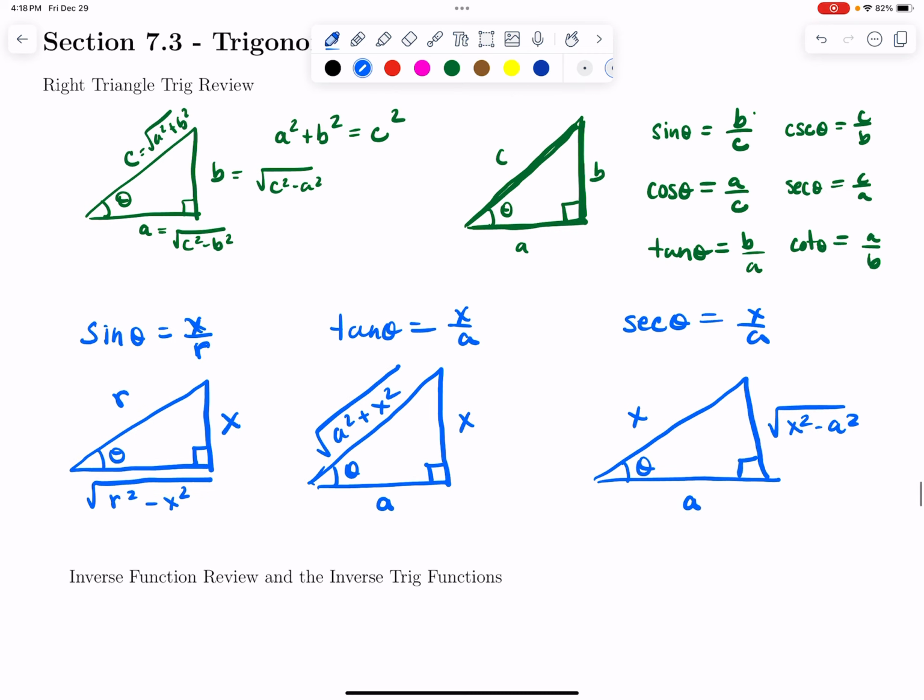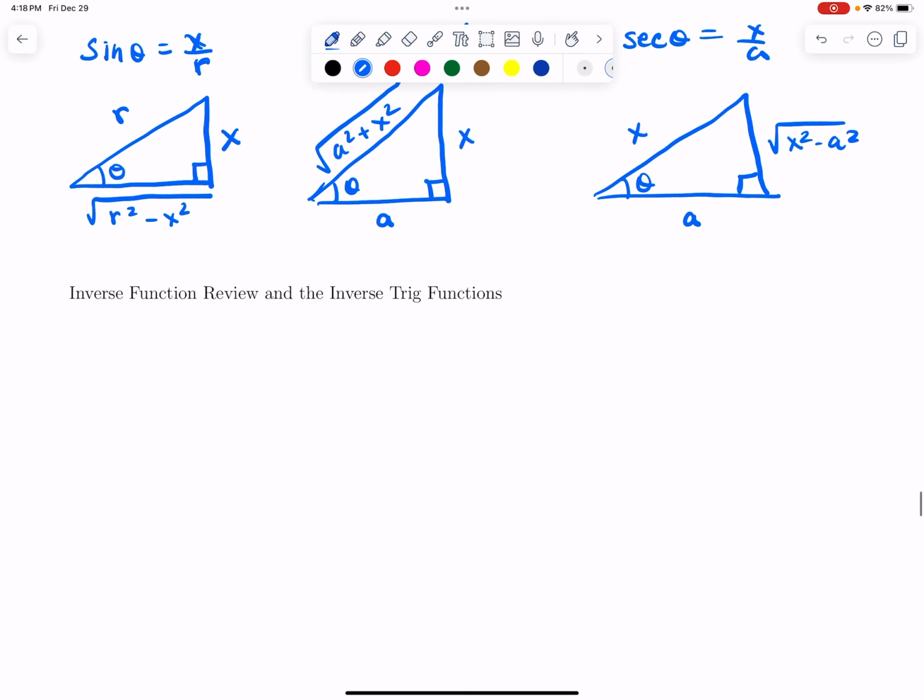All right, another review that we want to talk about is a little bit of review of inverse functions, and in particular, the trig functions, right? So a couple things to note: only one-to-one functions have inverses. And remember, that means they pass the horizontal line test. What else is true?